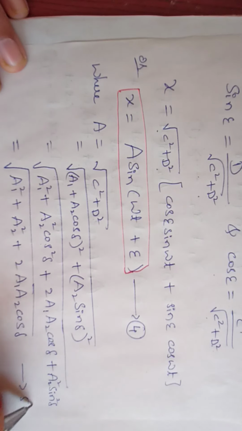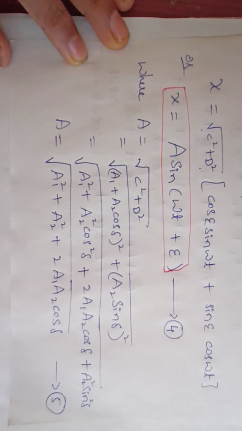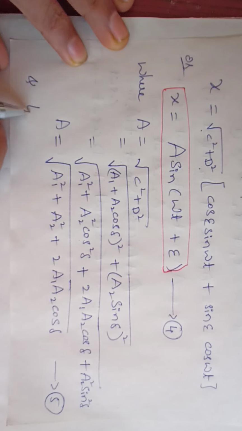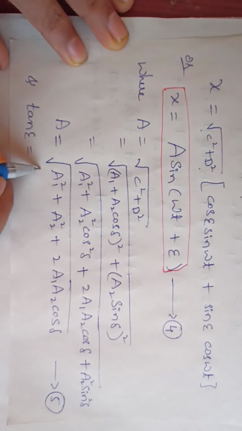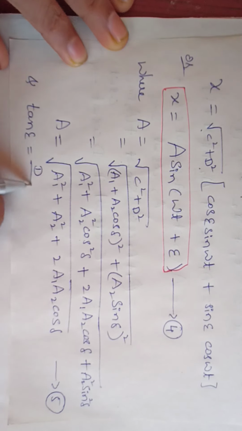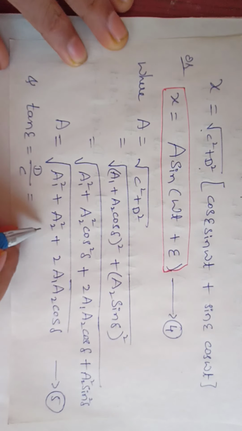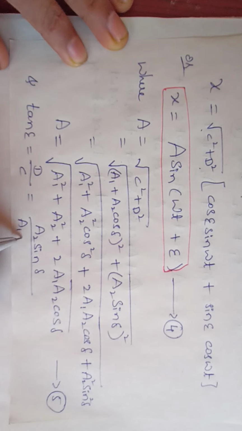Call this equation number 5. So this is the amplitude. Now we can find tan epsilon, that is sin by cos, D by C, that is a2 sin delta by a1 plus a2 cos delta. So this is equation number 6.